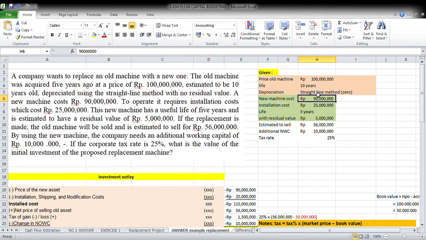So for the new machine, we get the price 90 million, and then installation is 12 million, and the life is 5 years, with residual value 5 million. For the new machine we have residual value, and then estimated to sell is 56 million, and then the additional NWC is 10 million, and the tax rate is 12%.